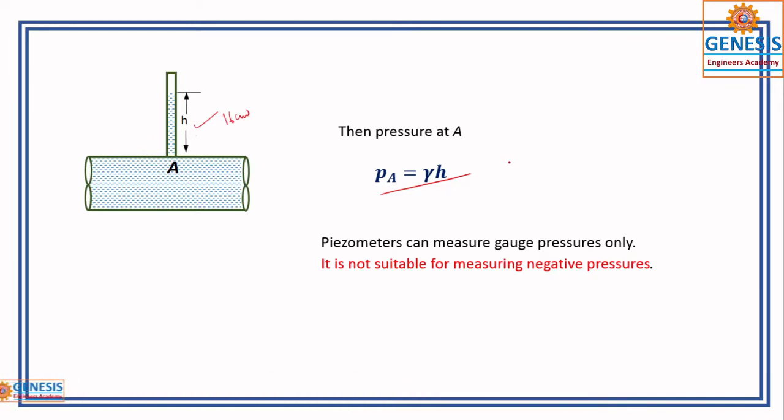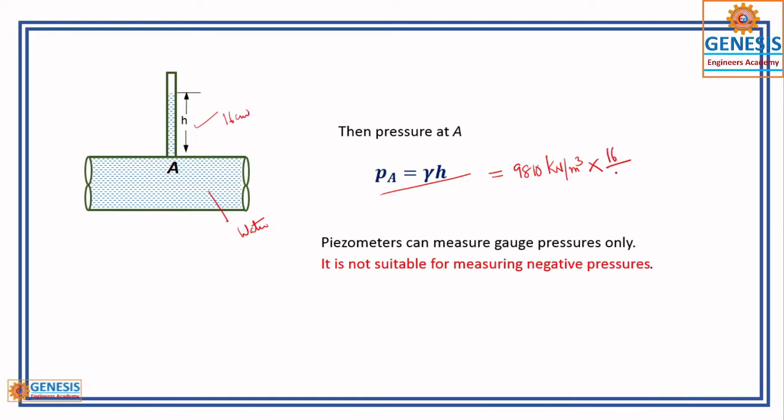If this is water, gamma of water is equal to 9810 Newton per meter cube, the specific weight of water, and the height is 16 centimeters, so you have to convert it into meters.